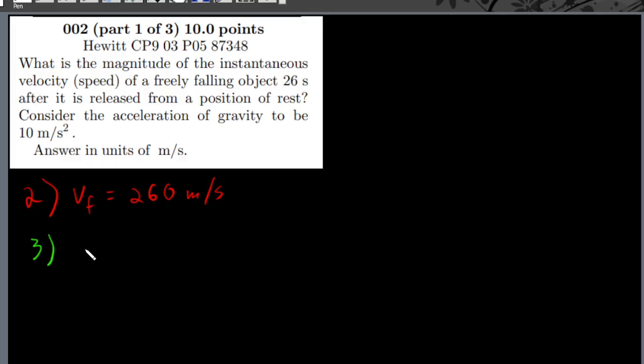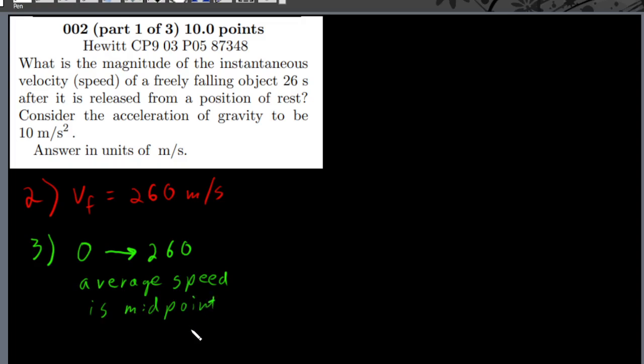Well, if you have something that moves smoothly from 0 to 260, it turns out that the average is the midpoint. So the average speed of something that accelerates uniformly through a particular range is the midpoint. So in order to get the midpoint, we're going to add up the two endpoints and divide by 2.